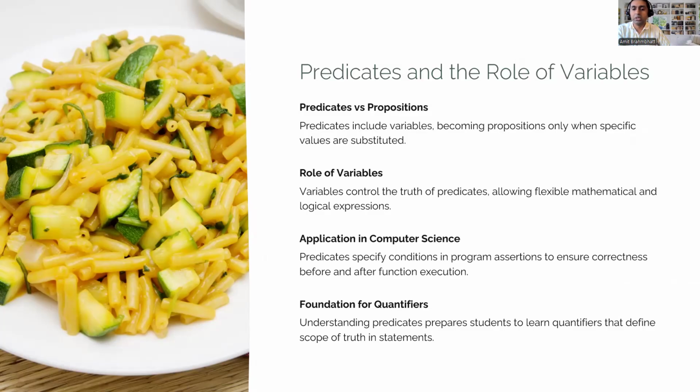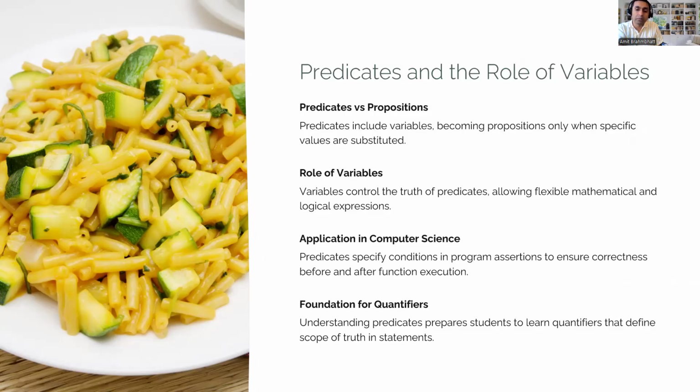Predicates are widely used in computer science, particularly in specifications and assertions about programs. For instance, a predicate might describe a condition that must always hold true before or after a function runs.